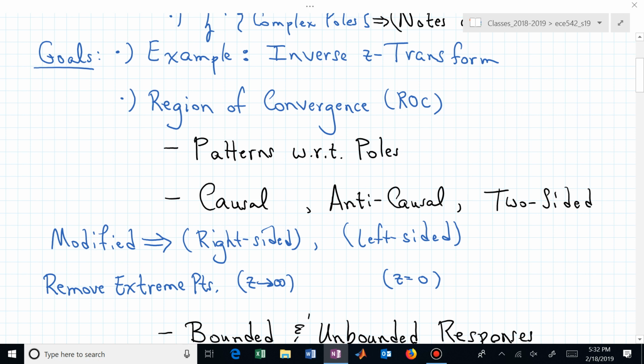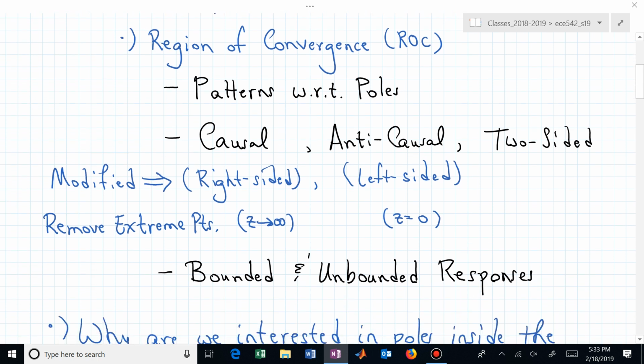We remove these extreme locations or points, Z going to infinity. That includes a lot, meaning infinity can be anywhere, any direction. Z equals 0 is just a dot. And we could have two-sided behavior sequences based on what our poles look like relative to the region of convergence.